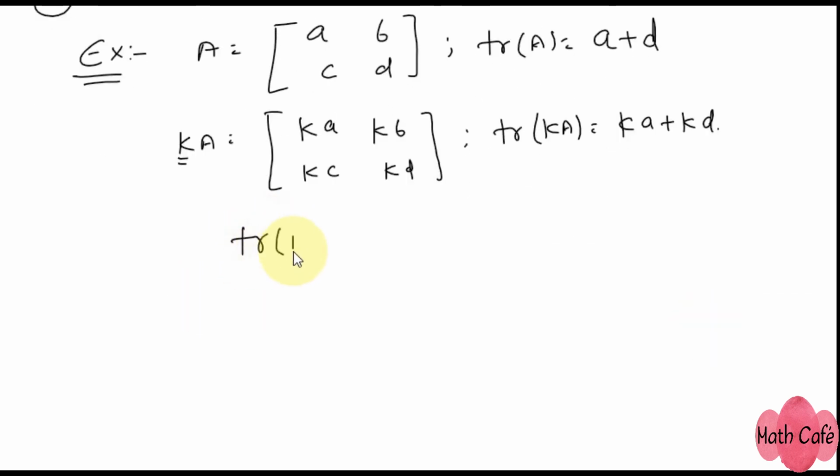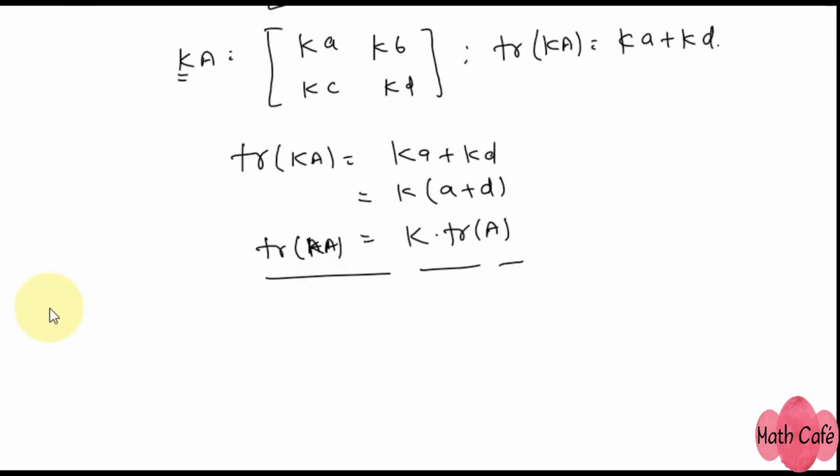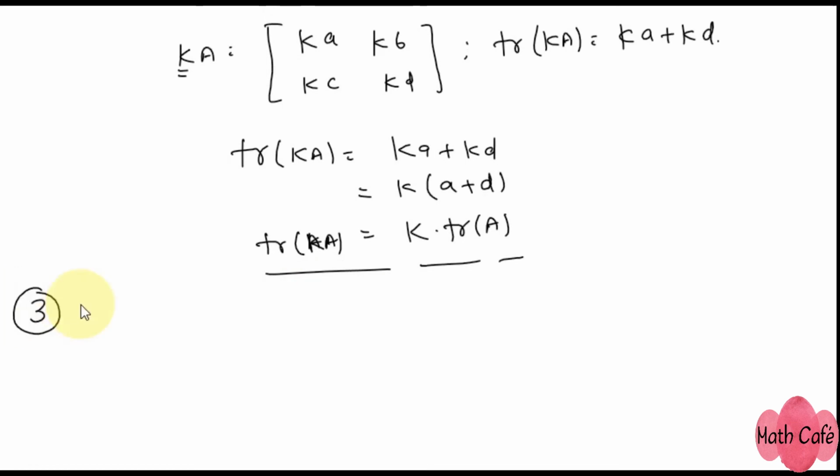So here trace of kA is ka plus kd. I'm going to take k common, k times a plus d, and a plus d is trace of A. So that will become k times trace of A. So that is what we needed to find. That is property number 2, and let's take property number 3.